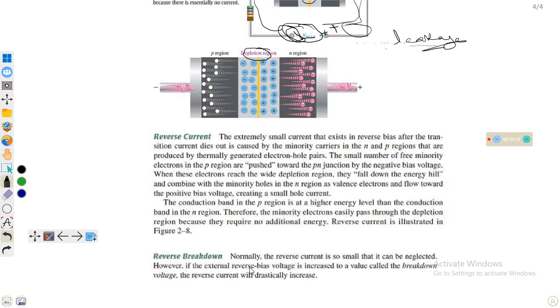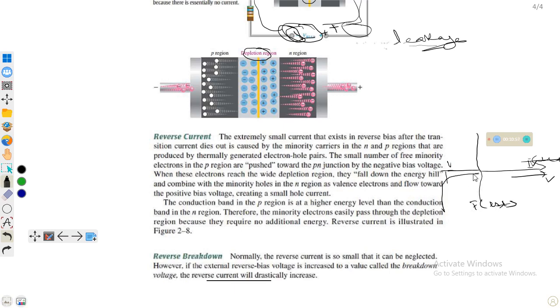However, if we increase the reverse bias voltage to a value called the breakdown voltage, the reverse current will drastically increase. If we plot a graph between current, in microampere order, and voltage, with this axis for voltage and this axis for current, the current will shoot up at a certain value of reverse voltage.